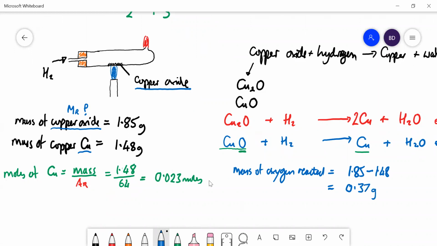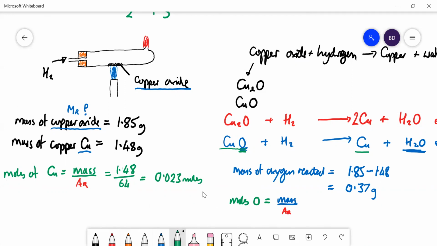Now look, for every mole of oxygen, we're going to make 1 mole of water. So let's work out the moles of oxygen atoms, and that will give us the moles of water produced. So moles of oxygen atoms, not oxygen O2, is equal to mass over the Ar of oxygen, which is 16.